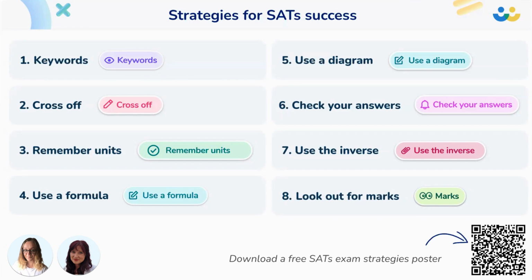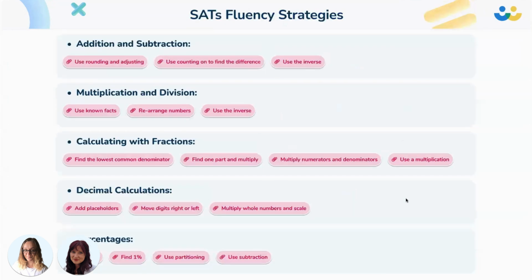And then the next set of strategies are the ones we have in our fluency lessons, which focus not so much on test-taking strategies, but more on methods. Many pupils will default to a written method, even when it's not the most effective. So we try to encourage different methods based on the type of question.